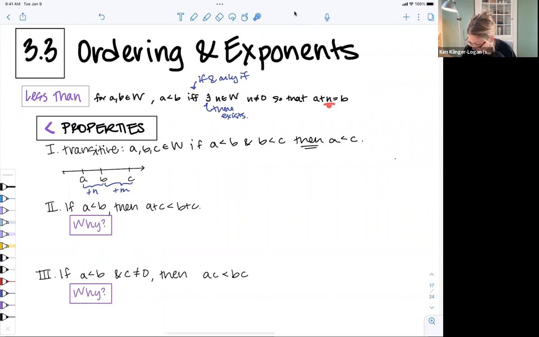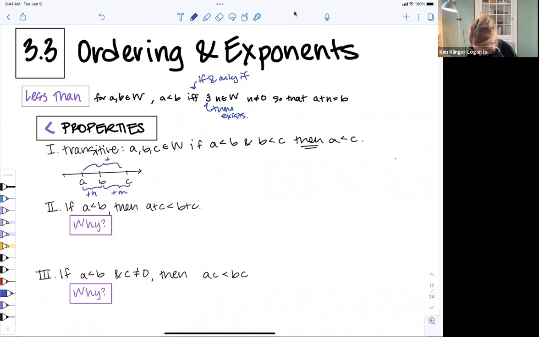It means A being less than B means there's some number I add to A to get to B. B being less than C means there's some number I add to B to get to C. We'll call it M in this case. And so in order for A to be less than C, there's some whole number I need to add to A in order to get C. And of course, that whole number is going to be M plus N, right?